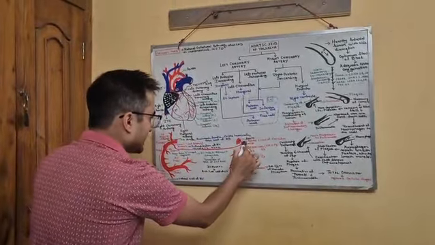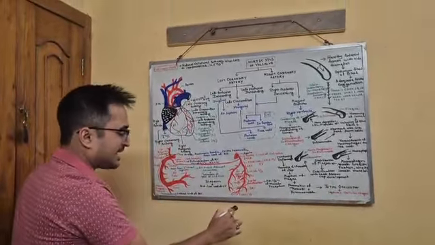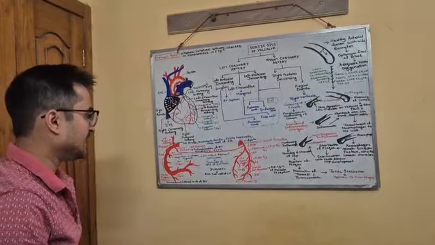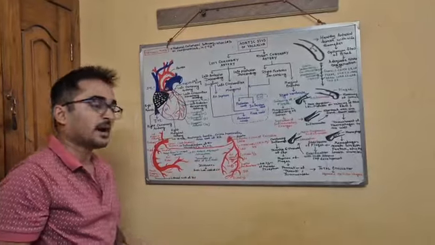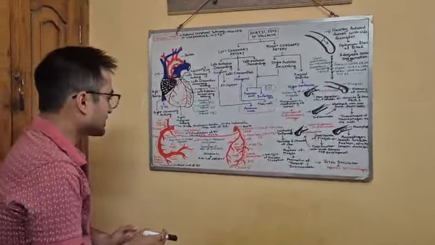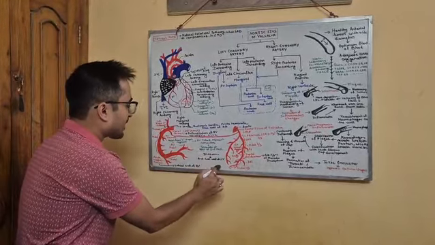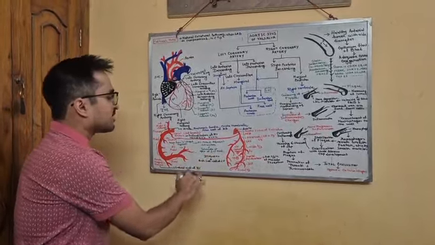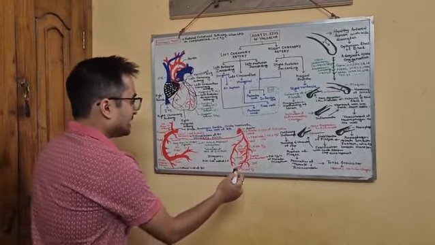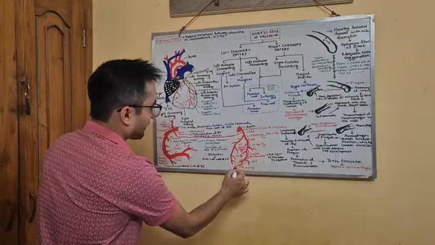Now, this left anterior descending coronary artery gives off diagonal branches and septal branches. There are a number of diagonal branches. The diagonal branches supply the anterolateral wall of the left ventricle, and these are the septal perforators.